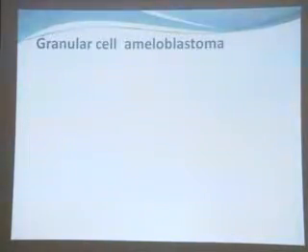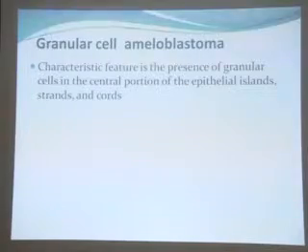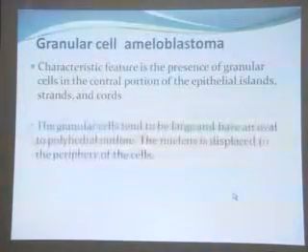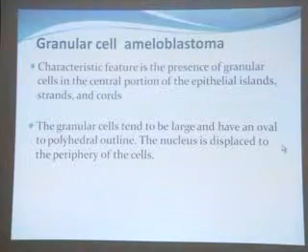Now let's discuss the third variant or third histopathological pattern, that is the granular cell. The characteristic feature is the presence of granular cells in the central portion of the epithelial islands, strands and cords. These granular cells tend to be large and have an oval to polyhedral outline.